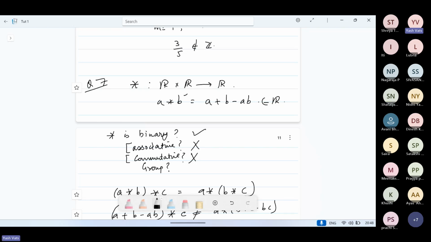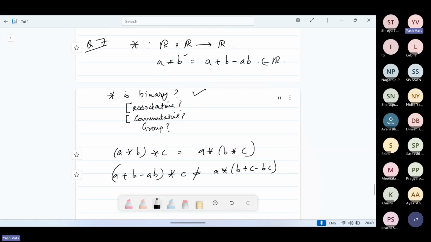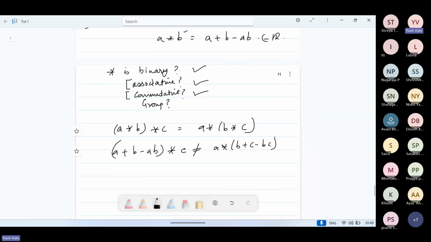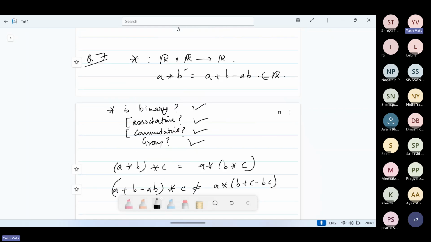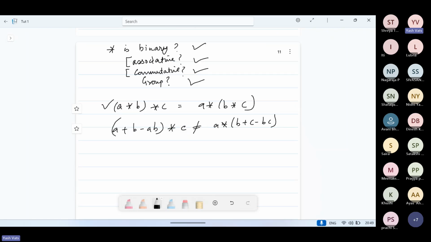Okay, let me see. Is it commutative really? No, no, I think I'm confusing myself. It should satisfy associativity and commutativity, and hence it is a group. So just check these properties. The associativity is this one, another one is commutativity.